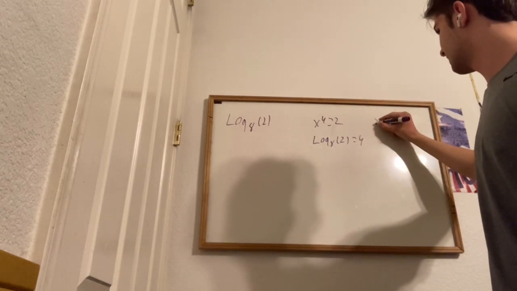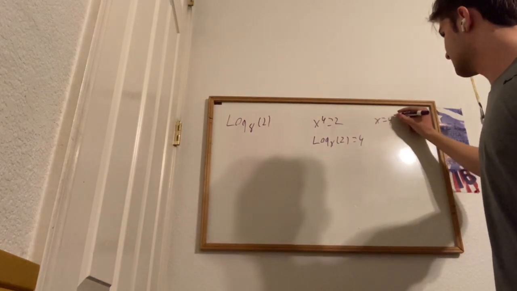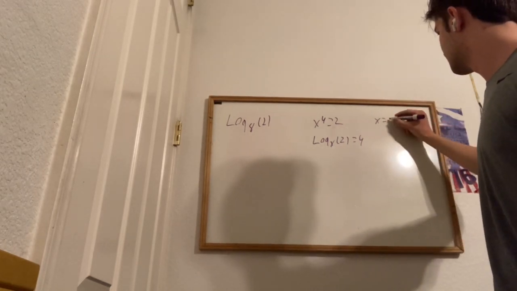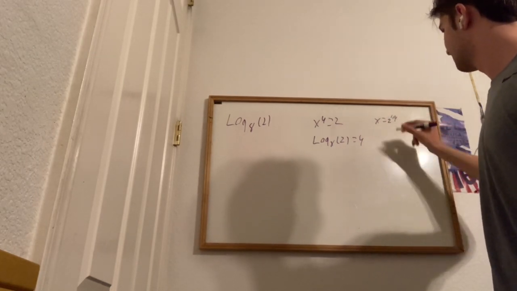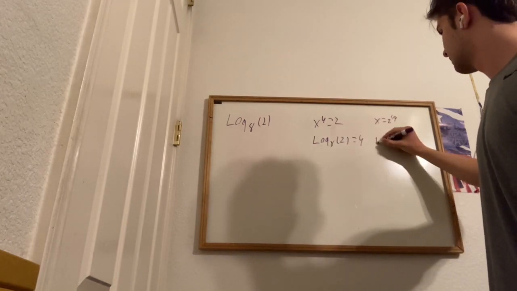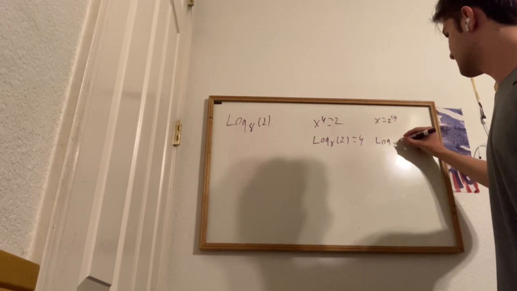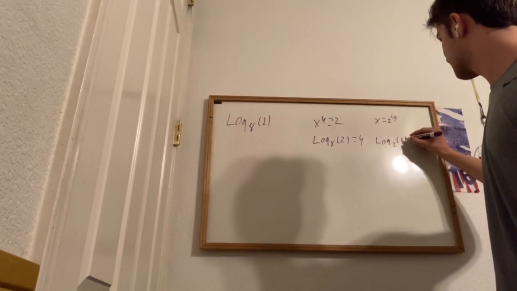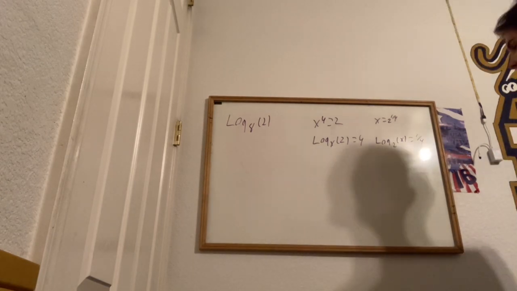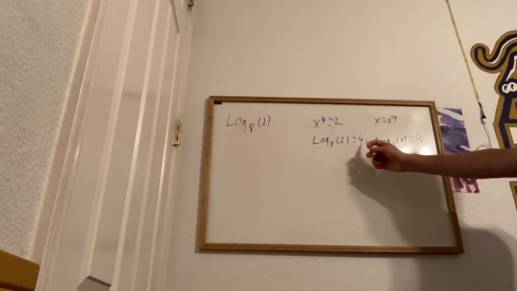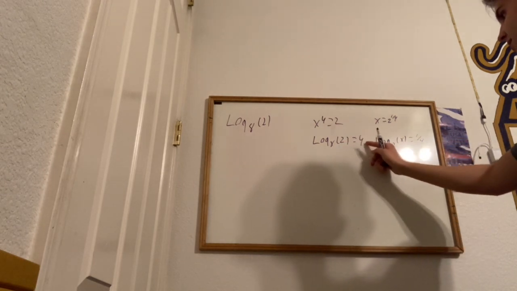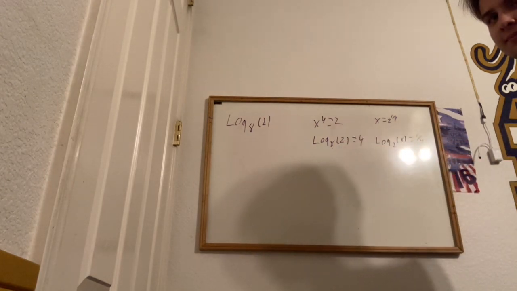And then if you were to write x equals z to the 1 over y, which is the same as that, you'd get log z of x equals 1 over y. So this shows that if you flip these two, the number on this side is going to get reciprocated.